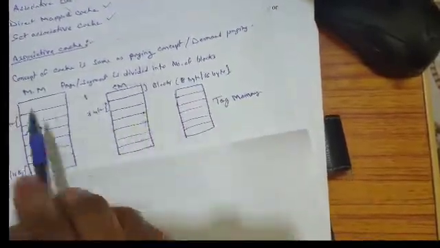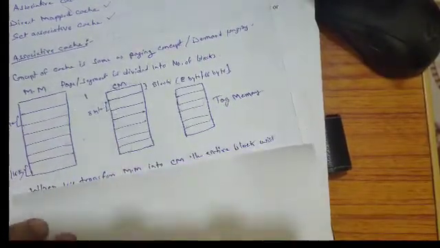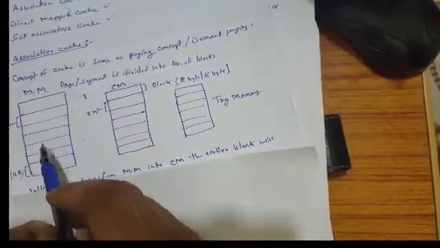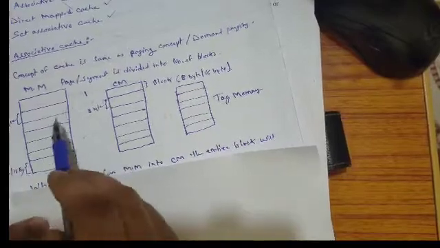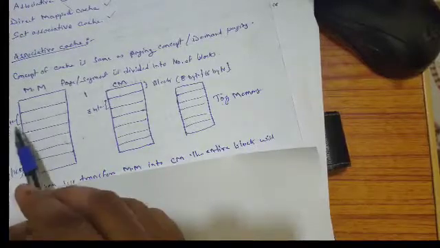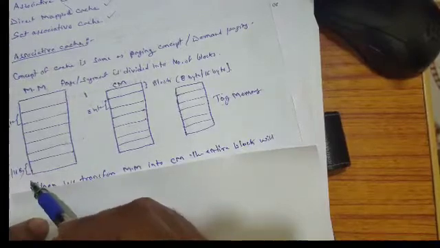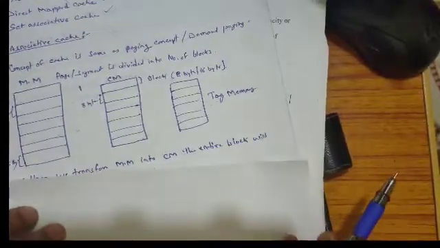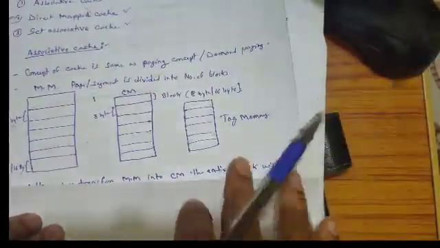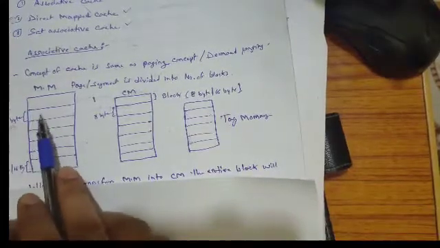Here we have main memory. Main memory has a number of blocks, and each block is of size 8 bytes or 16 bytes. The content being transferred between main memory and the cache memory, the unit of that content, will be a block.